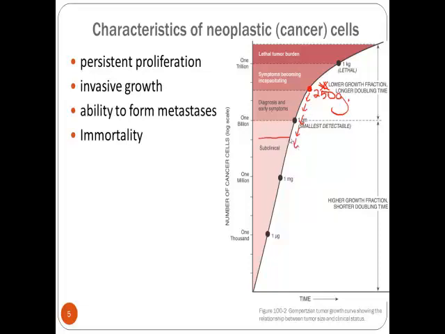When it reaches somewhere around this level, you have a subclinical condition, because it's too small to produce clinical symptoms, and you can't detect it. So it's really hard for doctors to determine when to actually stop treatment.